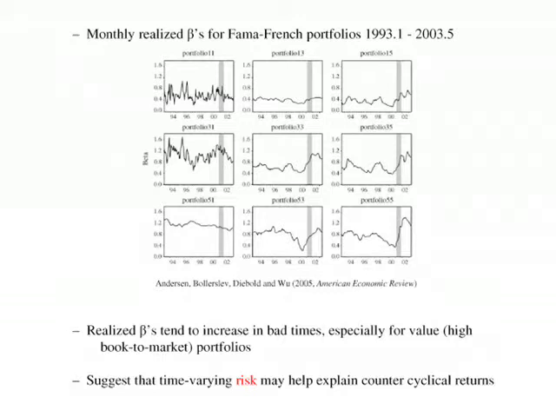In the paper, I don't know how much I want to hang my hat on that anymore, but we make the argument that the realized betas tend to increase in bad times. Bad times here is this one recession period, especially for high value or high book-to-market portfolios. So that will be these guys here. But anyway, the point being that having these more accurate true risk measures, we can and should be able to do better than otherwise.